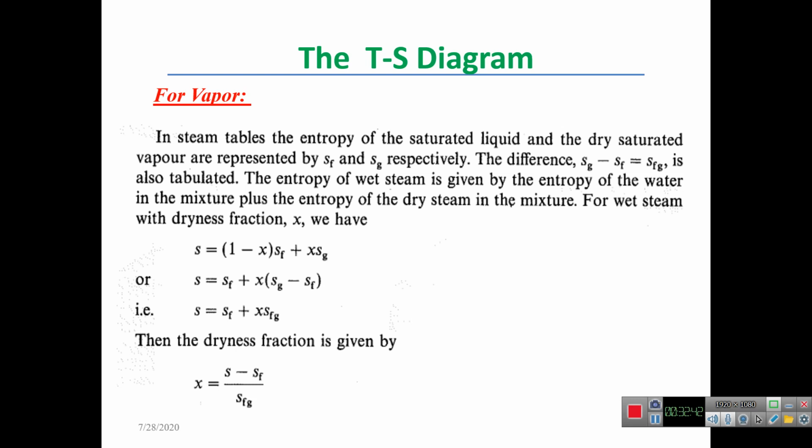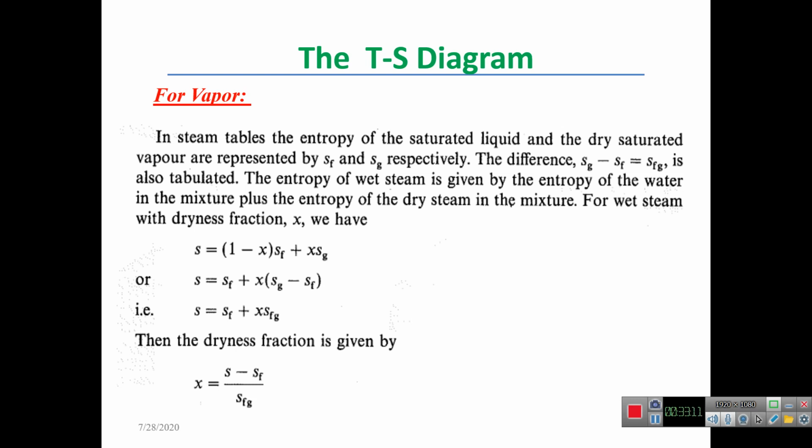If you consider the entropy, for instance, of a saturated liquid and the dry saturated vapor, these two are usually represented by SF and SG respectively. So for saturated liquid, the entropy is given the suffix F, SF, and for saturated vapor, the entropy is given the suffix G and it becomes SG.